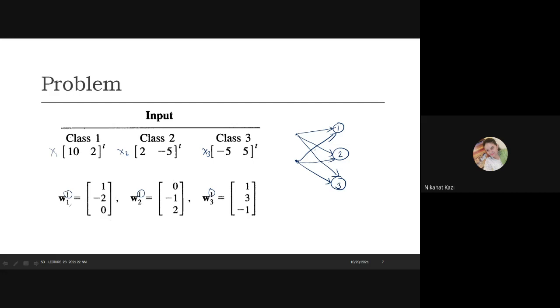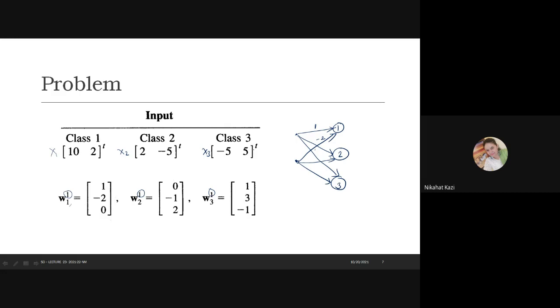When I talk about W11, I said it is the weights connecting to the first neuron. This will be the first one, 1. This will be -2. What about this third weight? Bias. Exactly.